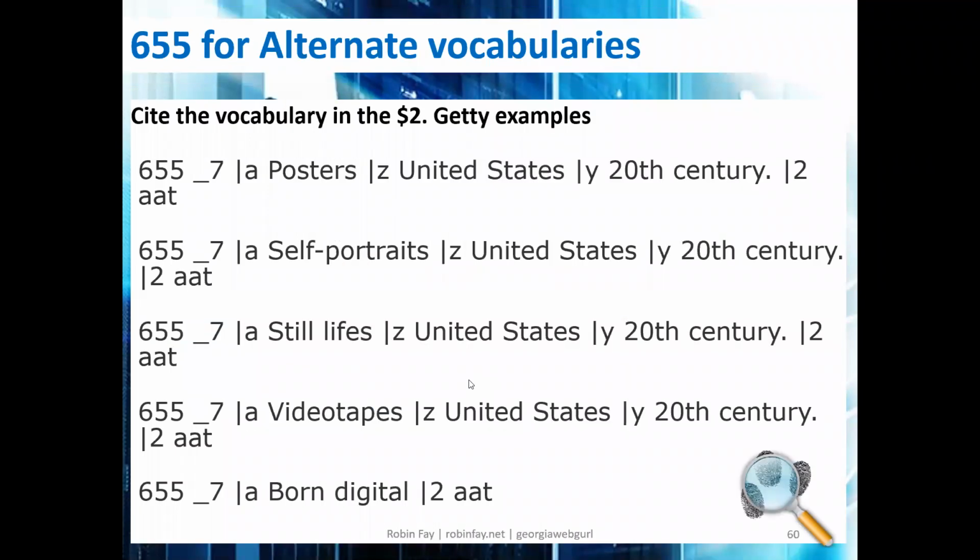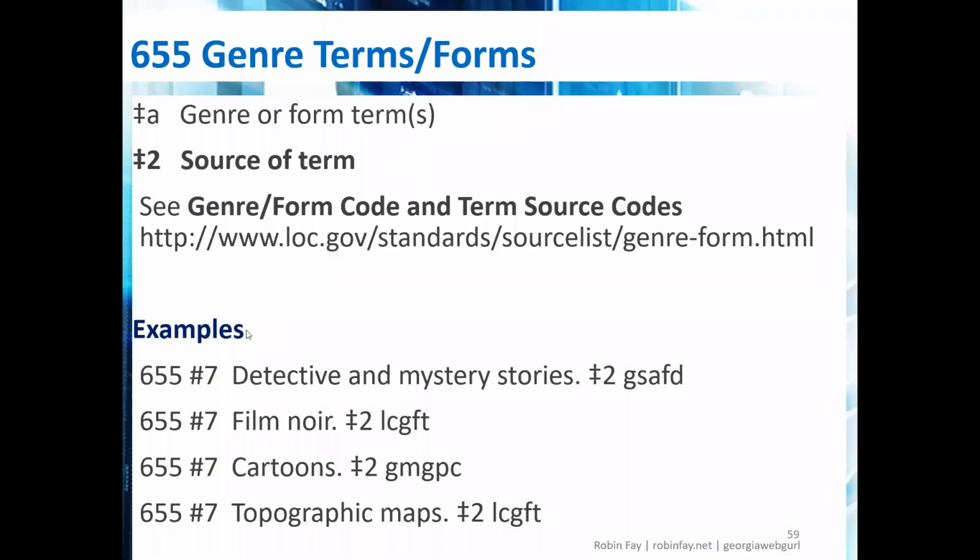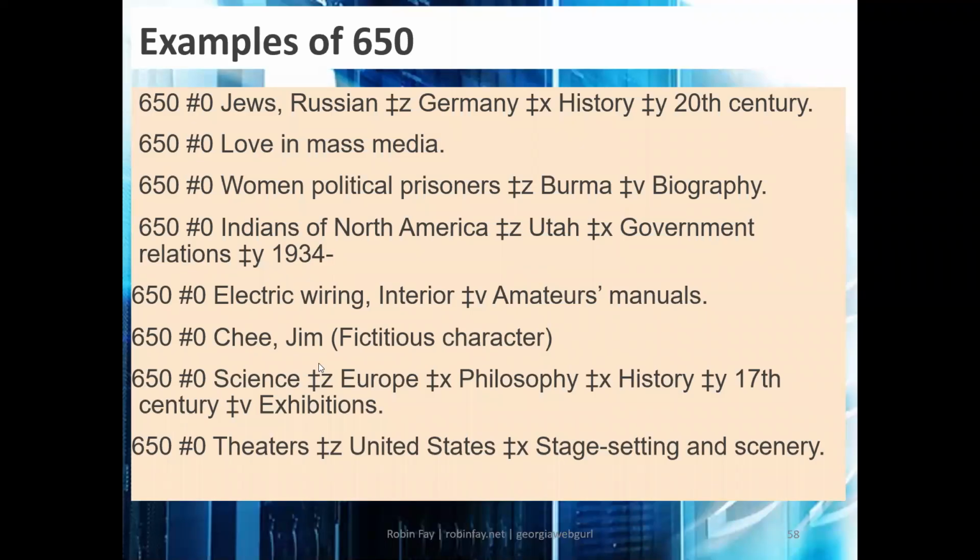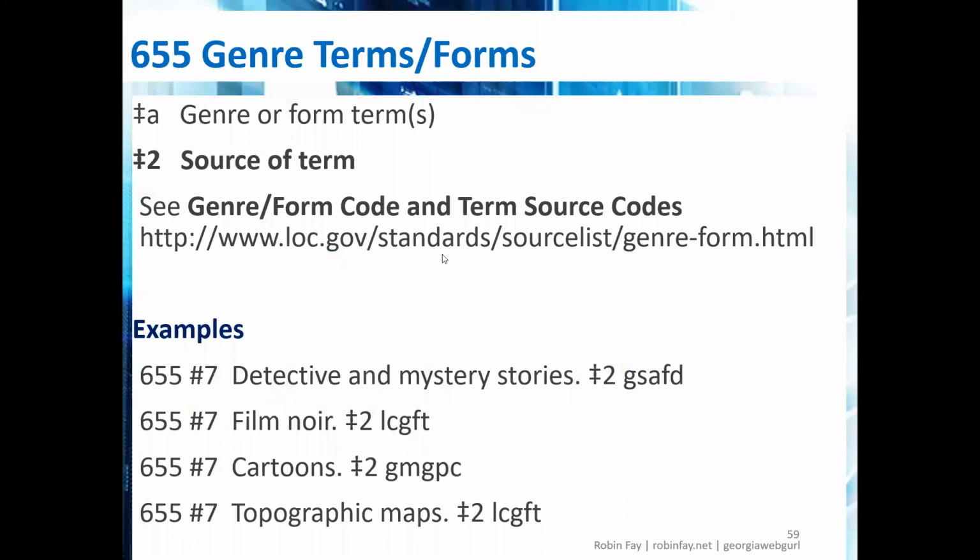And there is some overlap with that, and we're starting to talk about whether or not we should get rid of the subfield V and just use the 655 for the form. So there's some discussion about that, and I think at some point the subfield V will go away, as we see in the amateurs manuals and the exhibitions, but not until these genre form terms are more robust.